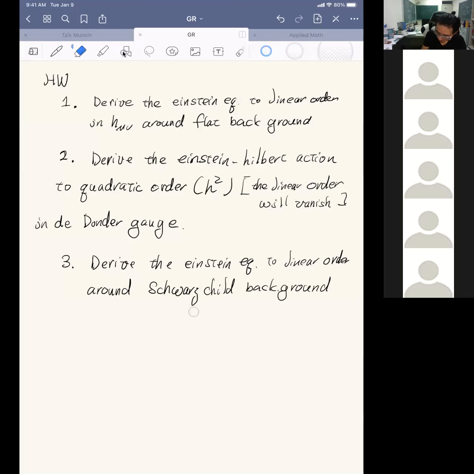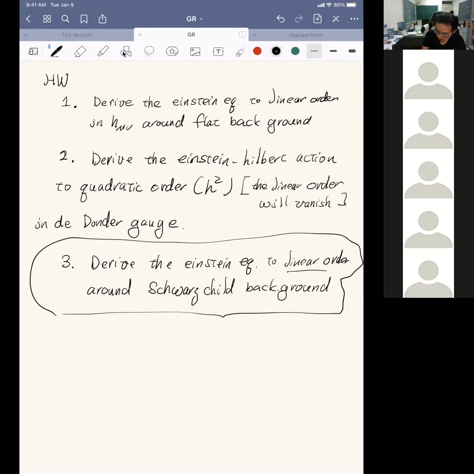So this is part of what you need to know for the project. You need to derive the Einstein equation, at least up to linear order, around the Schwarzschild background. Okay, so these are the three things I want you to try your hands at today.